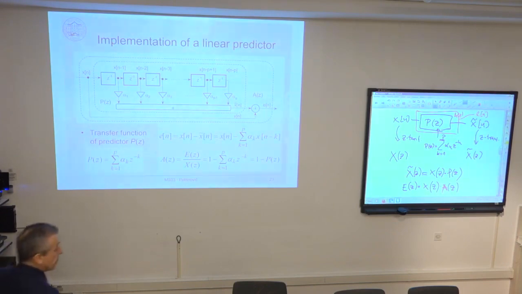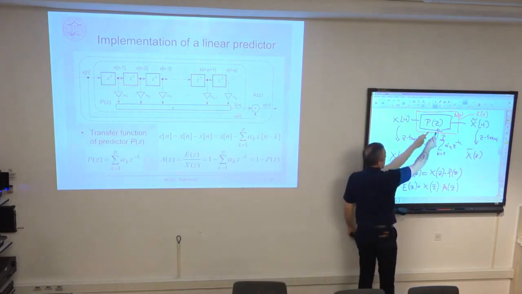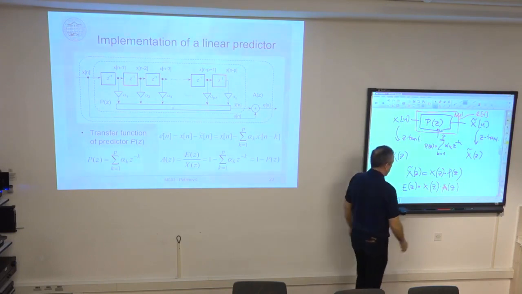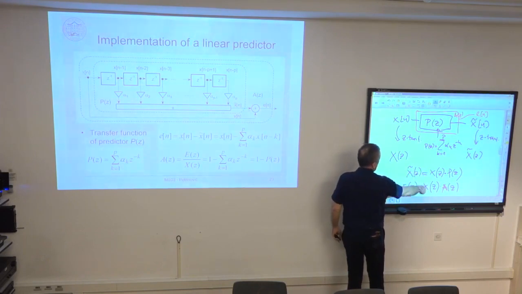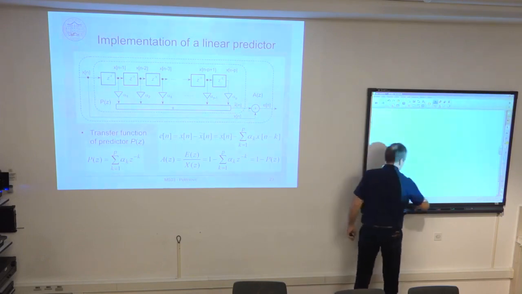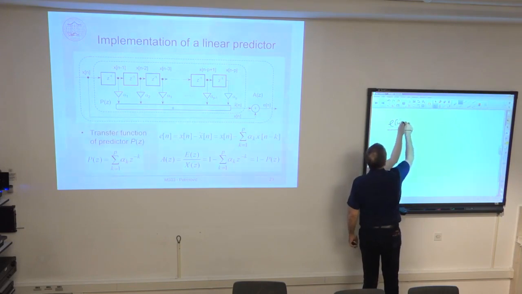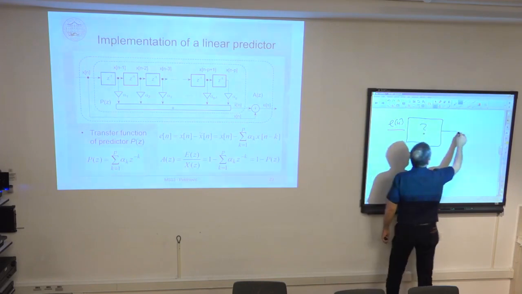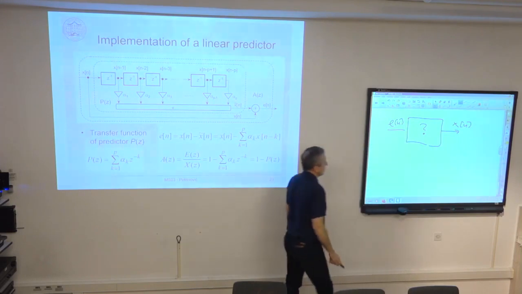Now that we have this E of z, the transfer function of this red system that has e of n at the output, then to reconstruct the original, let's say x of z, so if I have this e of n, without any quantization, if I have e of n at the input, I ask myself, what do I have to put here to have x of n at the output?